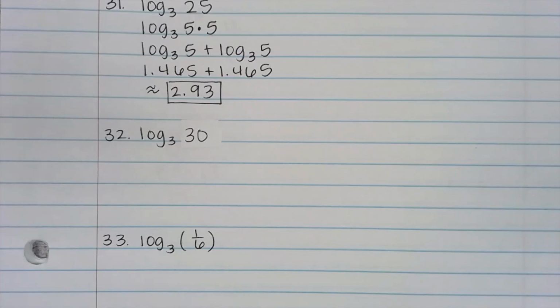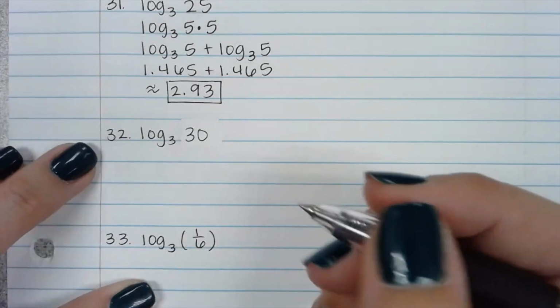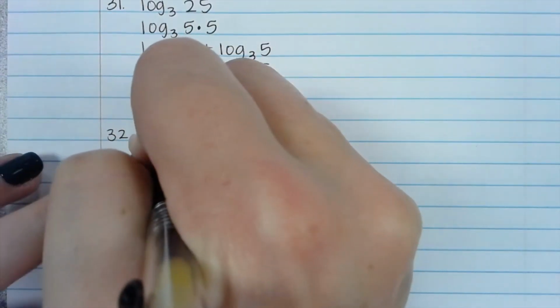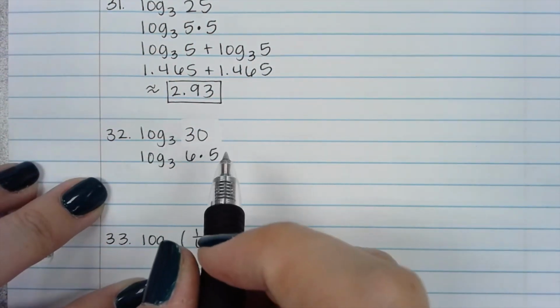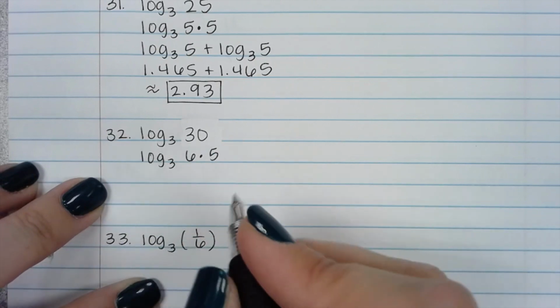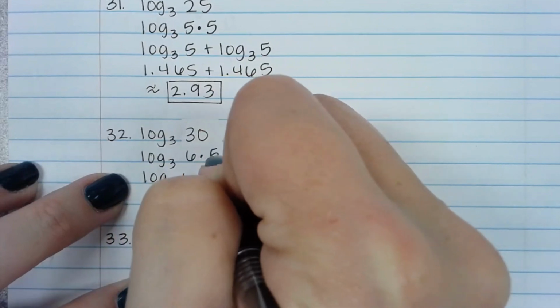You're always going to be able to magically work it out using the two pieces of information that they're giving you. So this next one, for 32, says log base 3 of 30. Log base 3 of 30, I'm going to choose to write the number 30 as 6 times 5. And the reason why I pick those two numbers is because those are the two pieces of information that I was given to start with. Multiplication becomes addition.